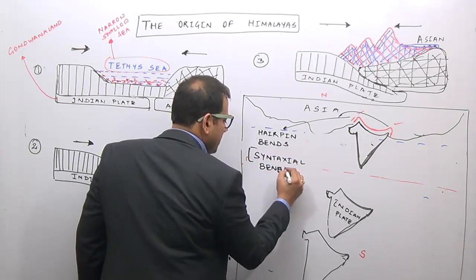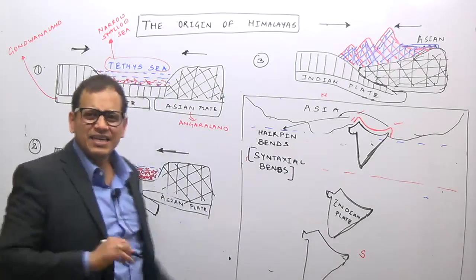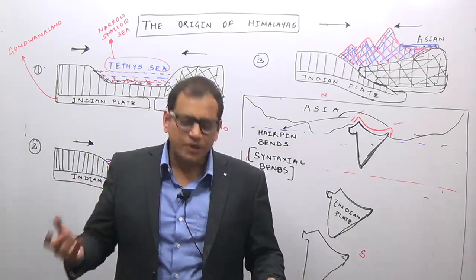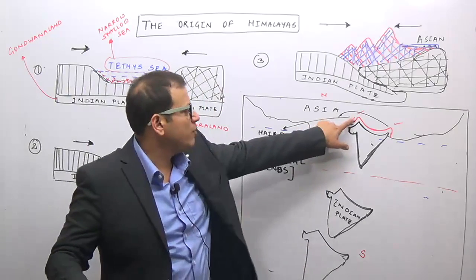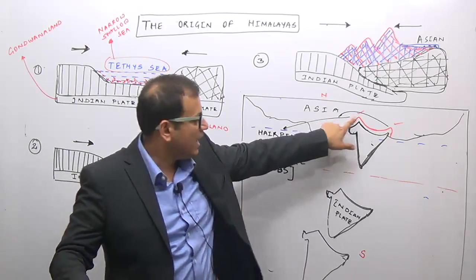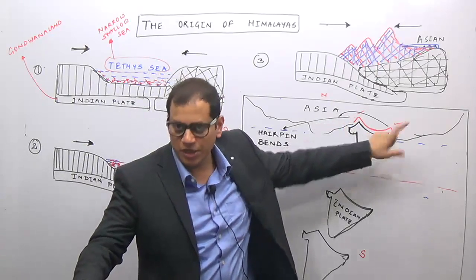The syntaxial bends in the Himalayas are represented by, we will do that again in the next lecture, in the introduction of the Himalayas, the Nanga Parbat mountain to the west and the Namcha Barwa mountain on the Arunachal China border to the east.